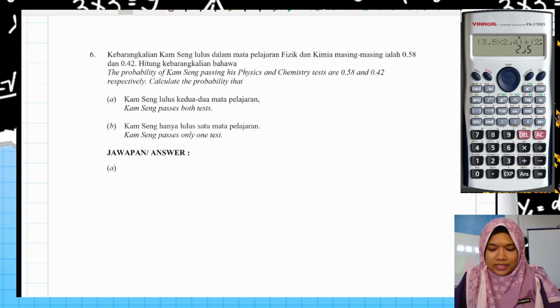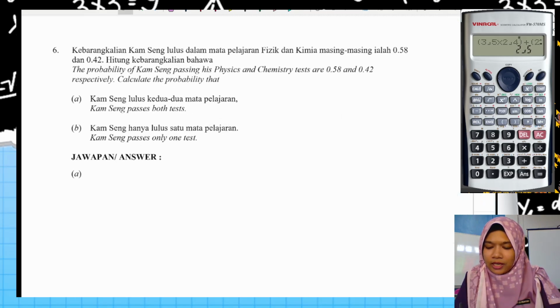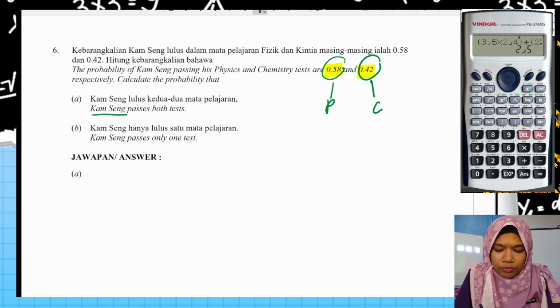Okay, kenal pasti. Okay, contoh cikgu pergi sikit je lagi. The probabilities of passing his physics and chemistry are 0.58 and 0.42. So this one is for physics, this one is for chemistry. Calculate the probability that Kamseng passes both.